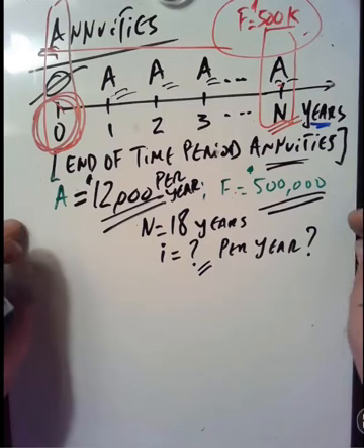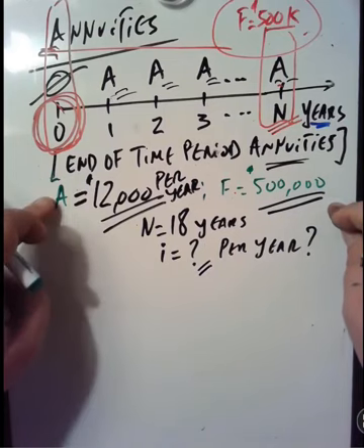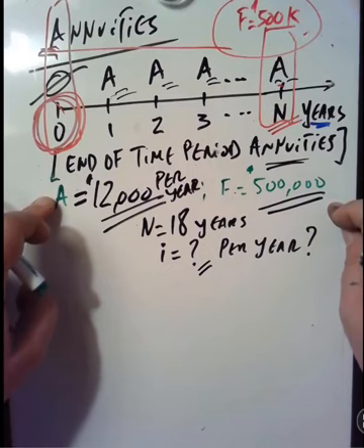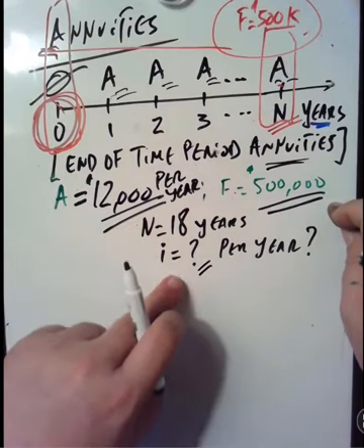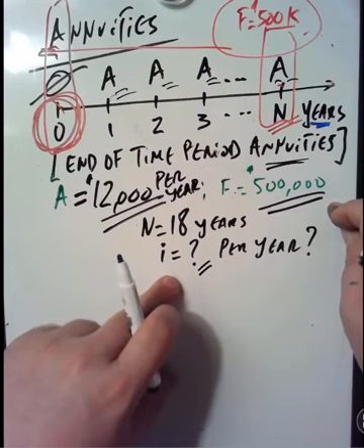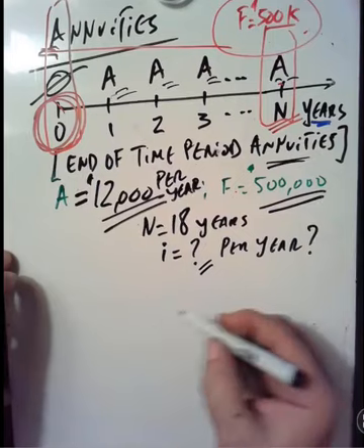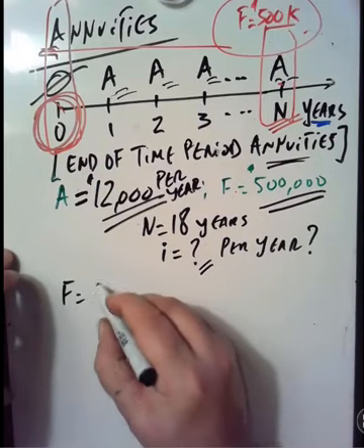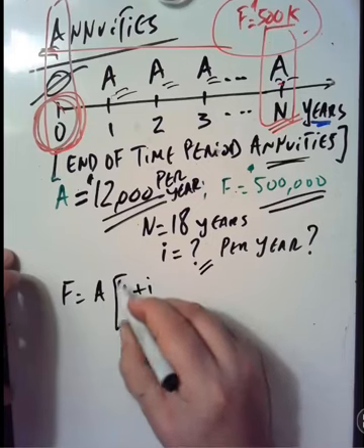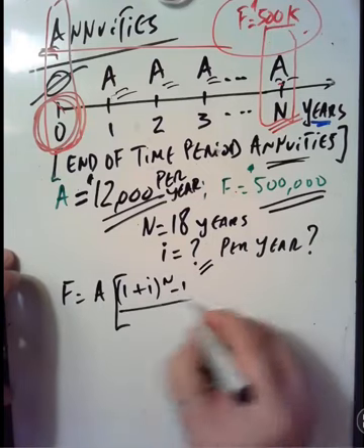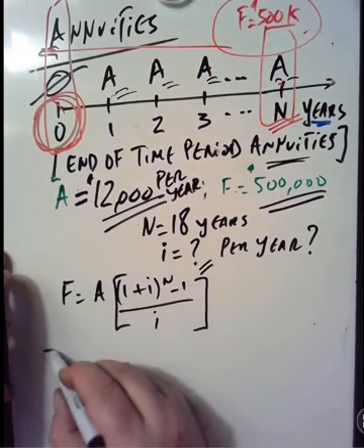So the question was, I still want to have $500,000 in the future. I'm only willing to invest $12,000 per year over the next 18 years. So how much would I have to earn per year in order to achieve my goal? So the future value of an annuity formula: plug what you want.